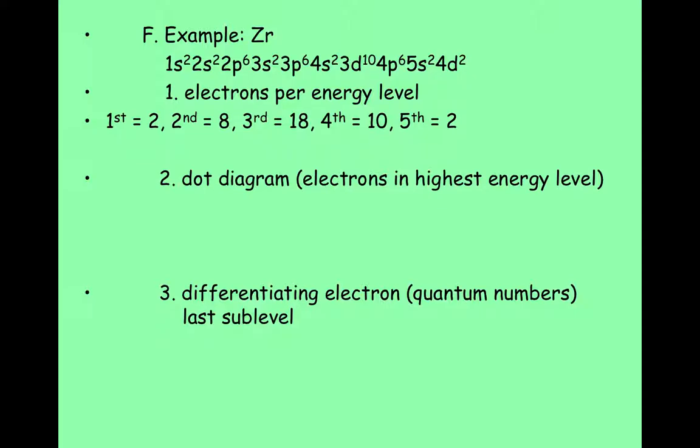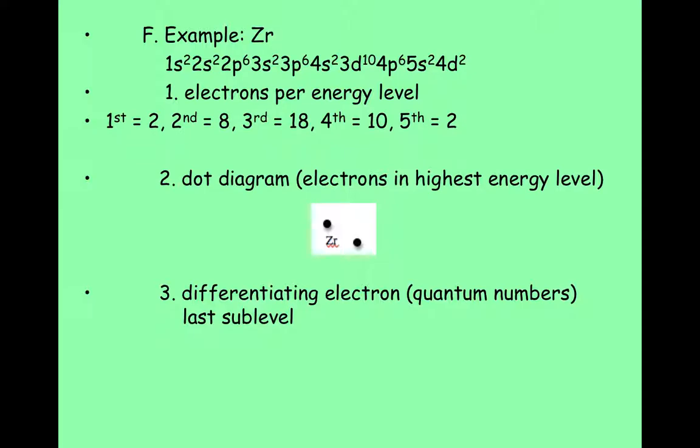The dot diagrams, we haven't gotten into this yet, but we will be in the coming units, so it's good practice. In this case, we're going to take the number of electrons on the very outermost energy level, and we're going to put them in dots around the symbol. So we'll have the Zr symbol. We'll put a dot on top and a dot to the side. You would put one dot on each side, and then you would start pairing them up.